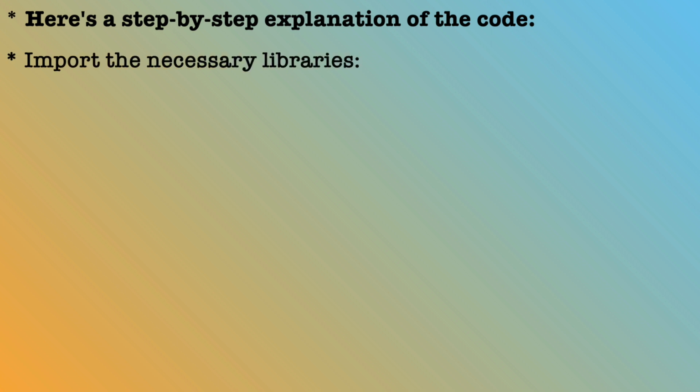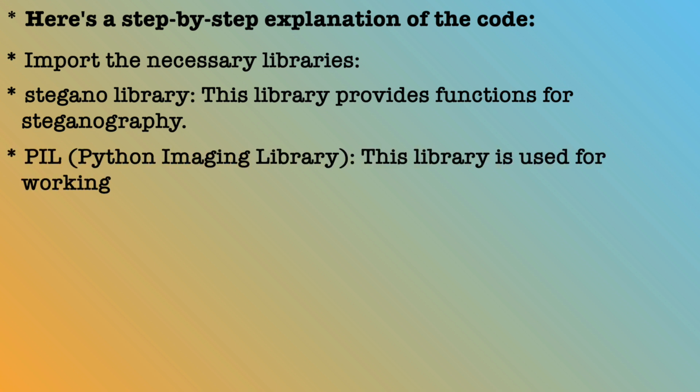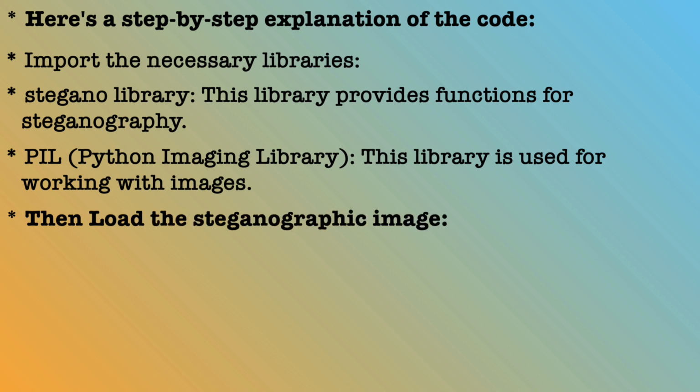The first library in this code is the Stegno library. This library provides functions for steganography. PIL, Python Imaging Library, is used for working with the images. Then load the steganographic image.